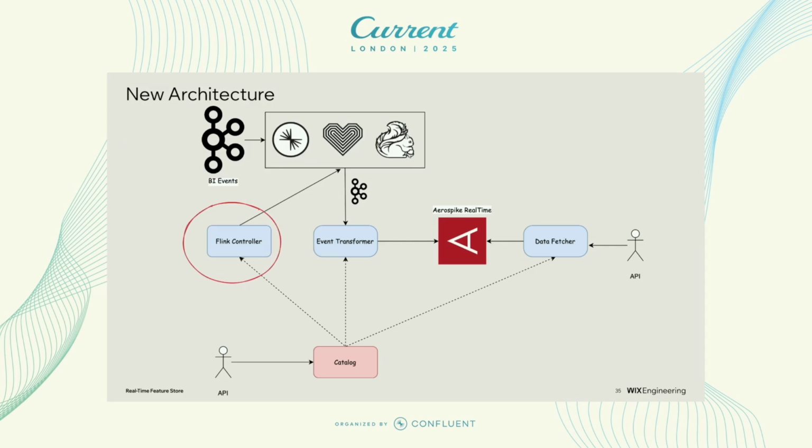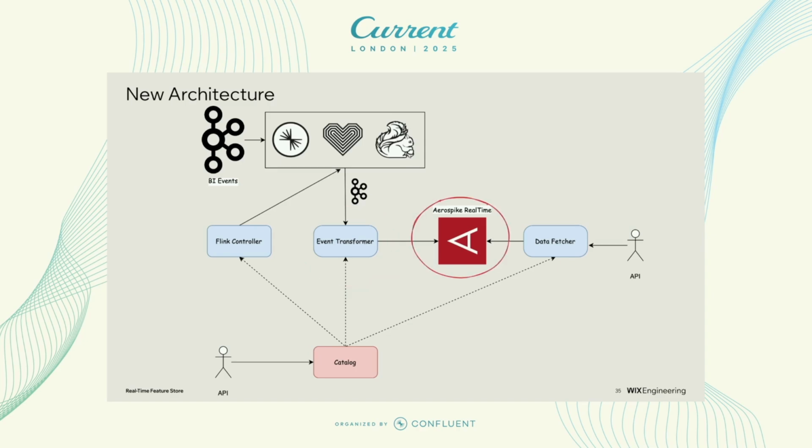The Flink controller gets this notification and our deployer deploys a Flink pipeline, called a statement. Flink consumes all our topics, filters the data by our SQL logic, and produces the data into the filtered topic, which the event transformer consumes and does some transformation. I will show you it later.